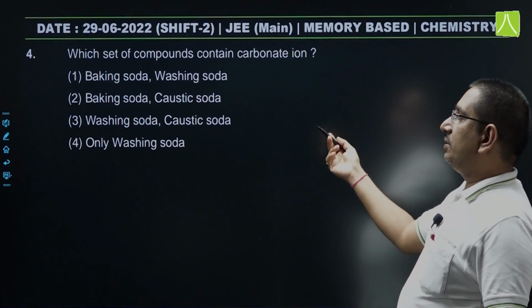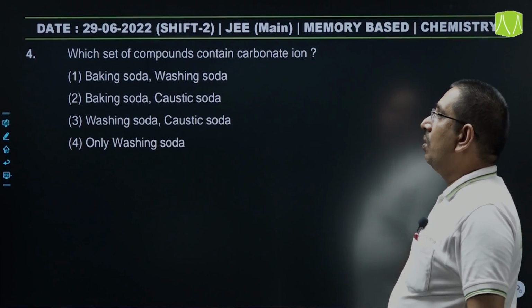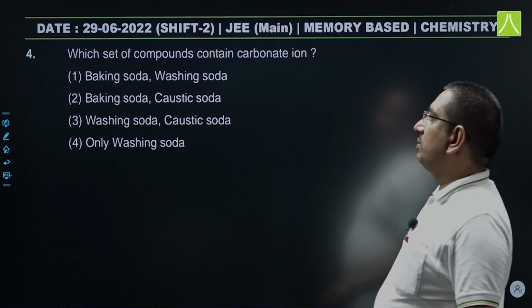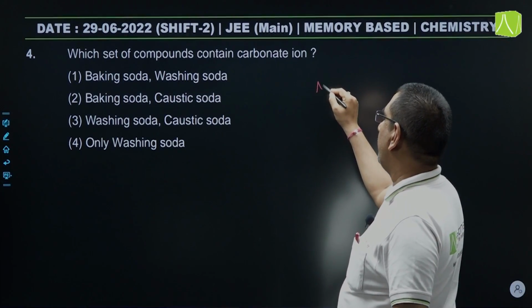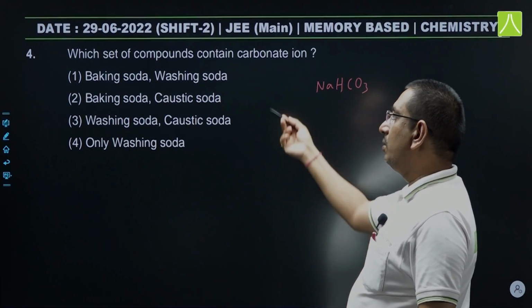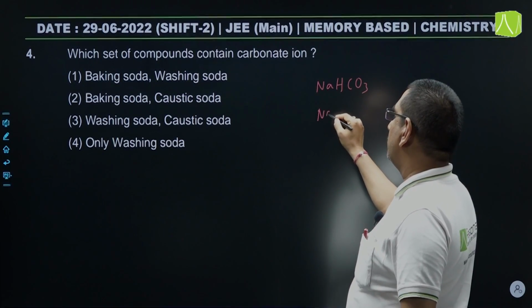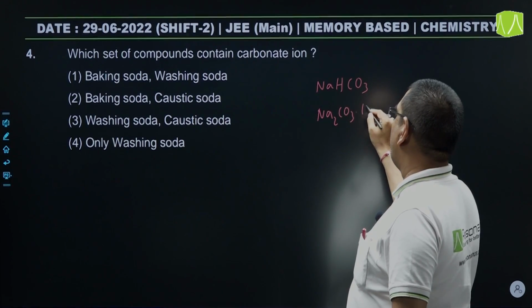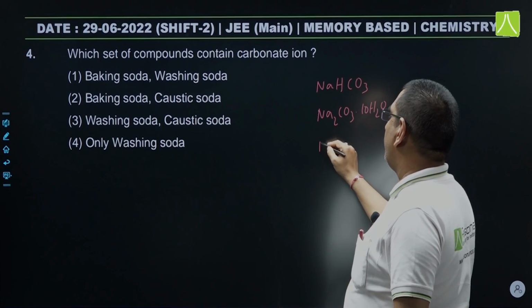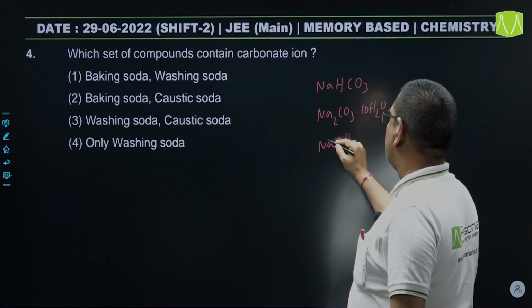Now, this is the question from S block. Which set of compounds contain carbonate ion? The given compounds are baking soda, sodium bicarbonate, washing soda, that is Na2CO3·10H2O, and caustic soda, it is nothing but sodium hydroxide.